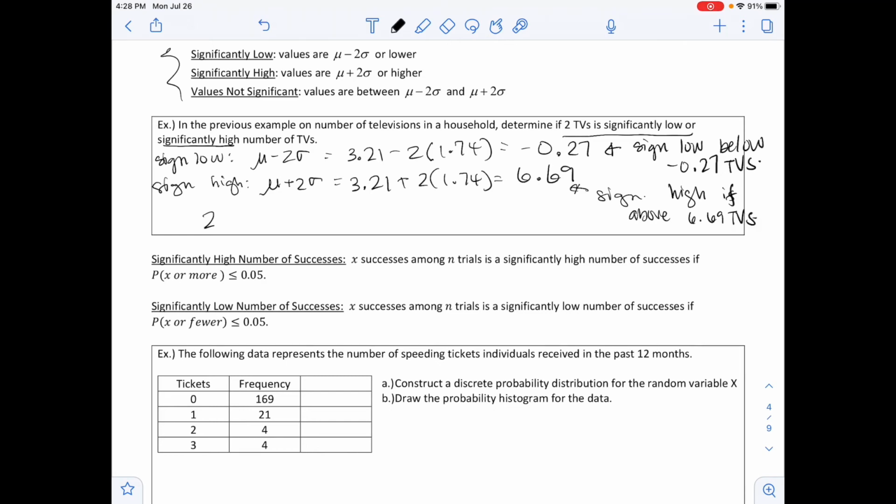So 2 TVs, which is what this problem was asking about, is between negative 0.27 and 6.69. Since it's in between those two values, we can say that it is not significant. So 2 TVs is not significant.